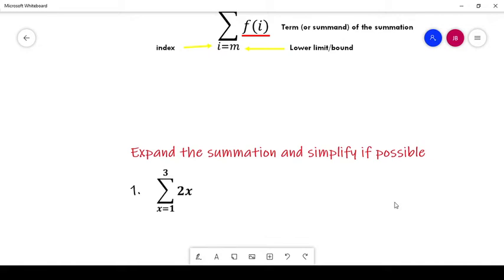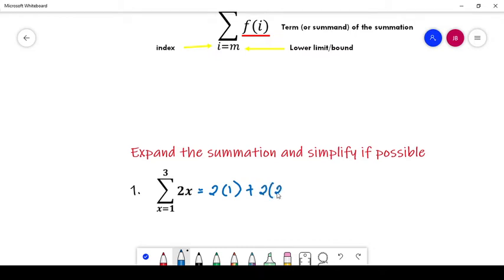What you're going to do is substitute the index, x, by 1 up to the upper limit, and that is 3. Okay? So, equals, we have 2 times 1 plus 2 times 2 plus 2 times 3.